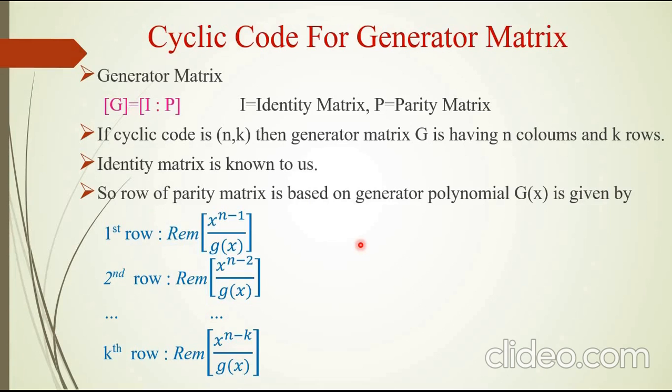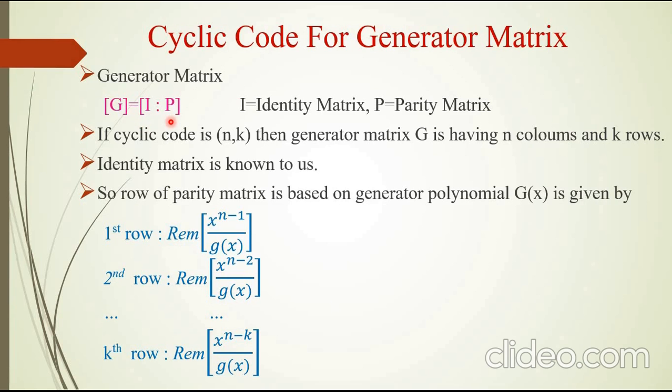Hello everyone. Here in this session, I will explain the generator matrix of cyclic code. As we know, the generator matrix for a systematic cyclic code is an identity matrix followed by a parity matrix.